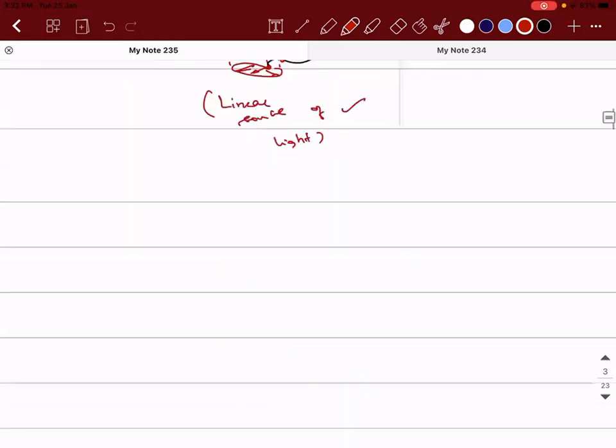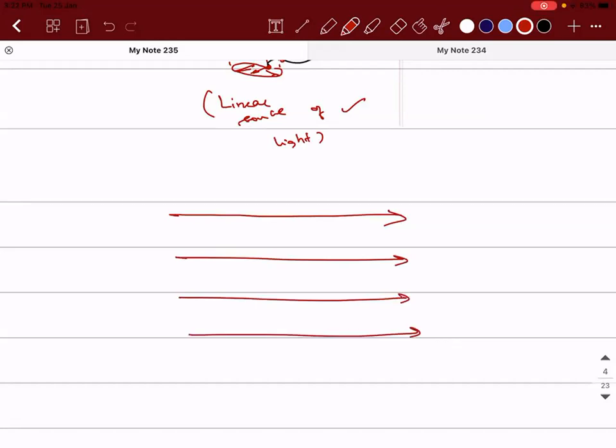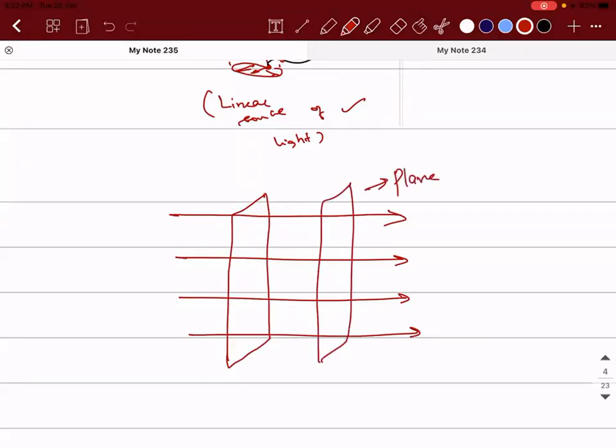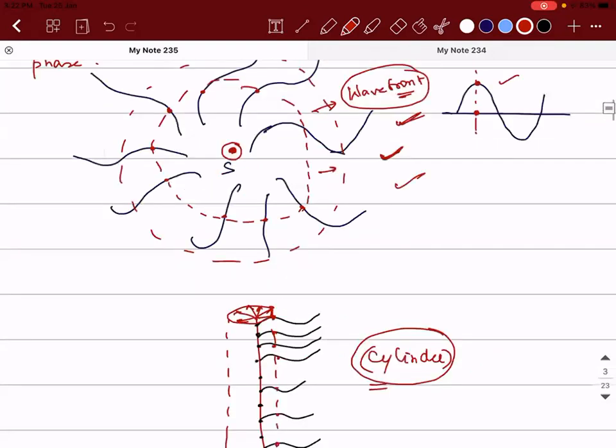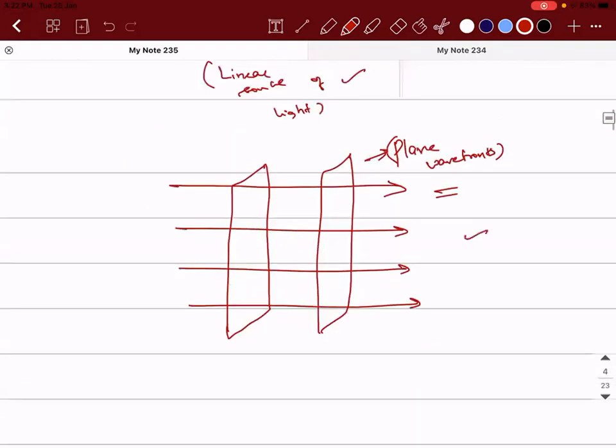Similarly, if you have a set of parallel rays, meaning the source is placed at infinity, then the wavefront will look something like this, which are plane wavefronts. So these are the different types of wavefronts that we are going to deal with. We will be mainly dealing with spherical and plane wavefronts in this chapter for many theoretical purposes.